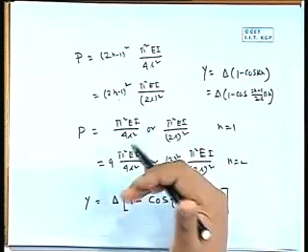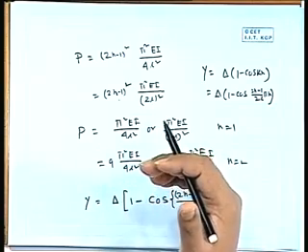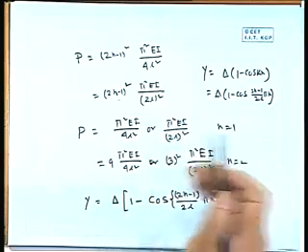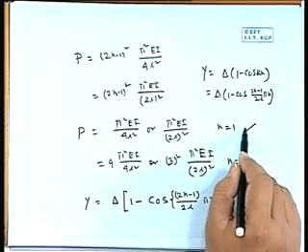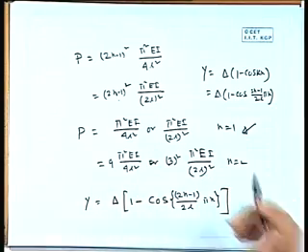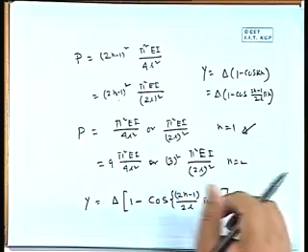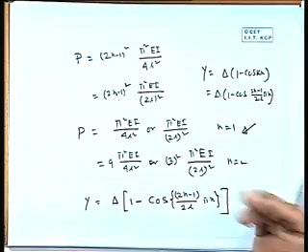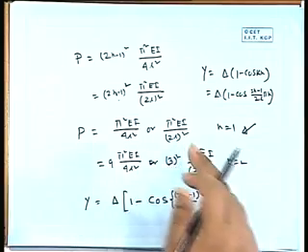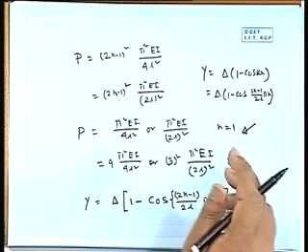So like this you will get different values, but this one will be the minimum value, right? If there is no resistance, it will try to deflect at n equal to 1, and we get pi square EI by 4L square.